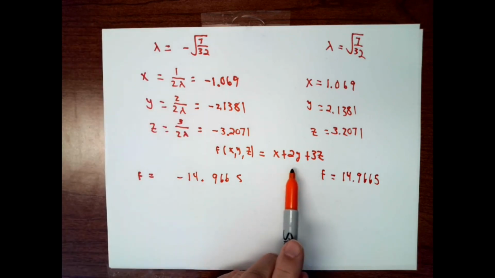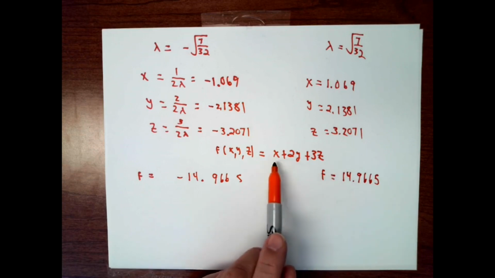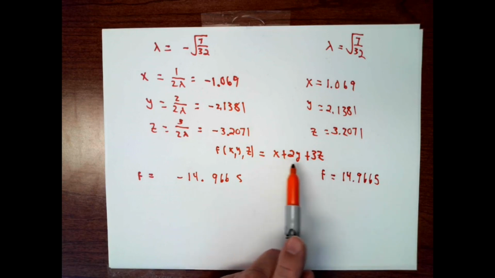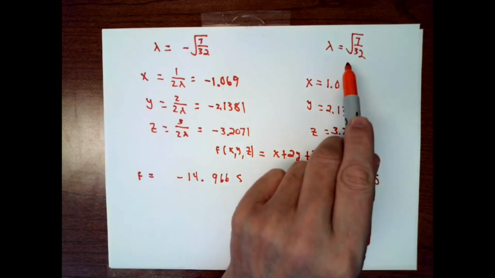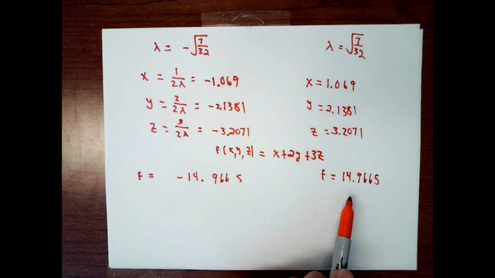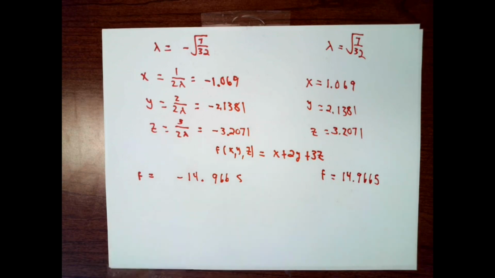The function has no constant term in it, so that if I reverse the sign on x, y, and z, it just reverses the sign on the function value. So once again, being lazy, in the second case, the function value is 14.9665. This would be the absolute maximum. That would be the absolute minimum.